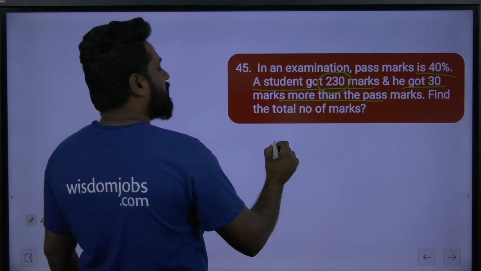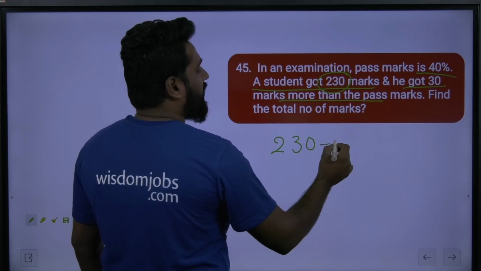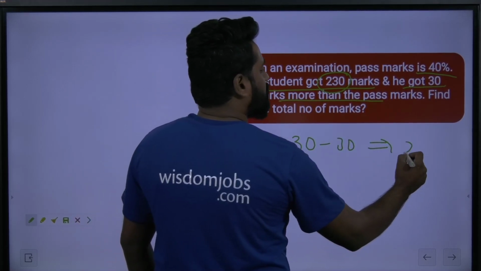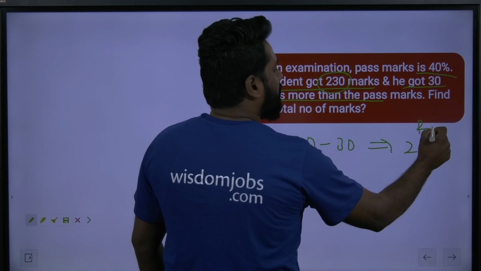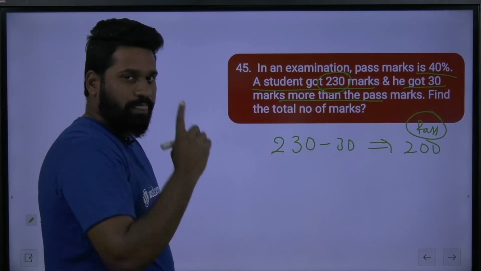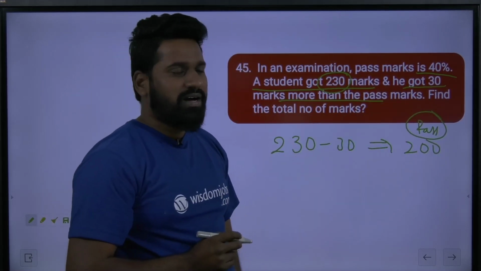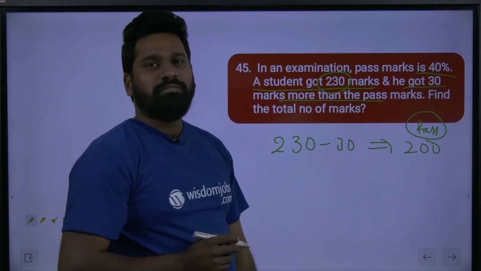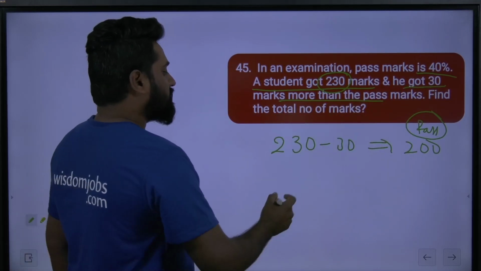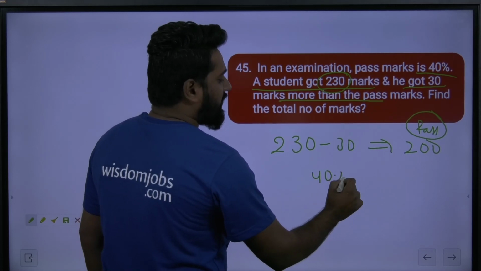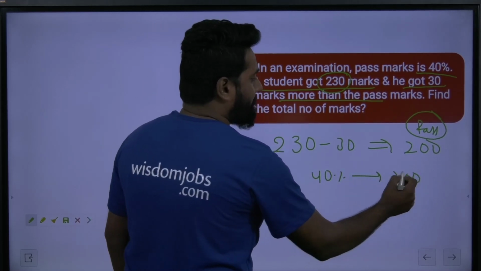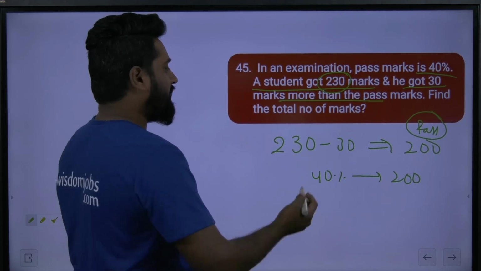What am I writing? So 230 minus 30, that is 200, which indicates the pass marks of the examination. This is in terms of marks and this is in terms of percentage. Is it clear? So this 40% indicates 200 marks. Now you have to find for 100%.